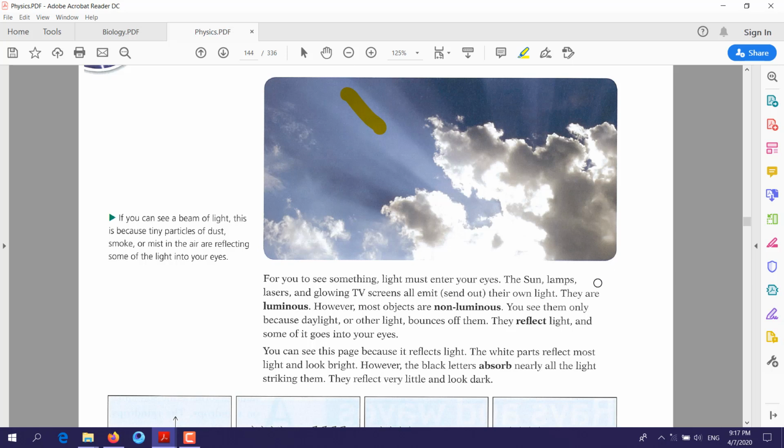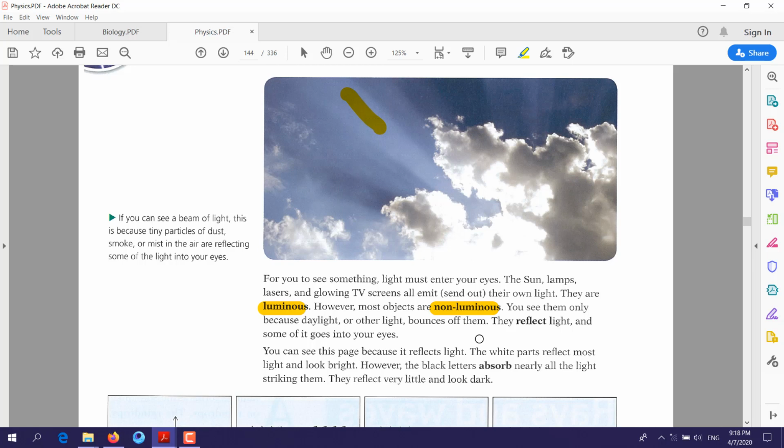For example, sun, lamps, lasers, and glowing TV screens all emit, or send out, their own light. So the objects that give light, or emit light, we call them luminous. However, most objects are non-luminous.